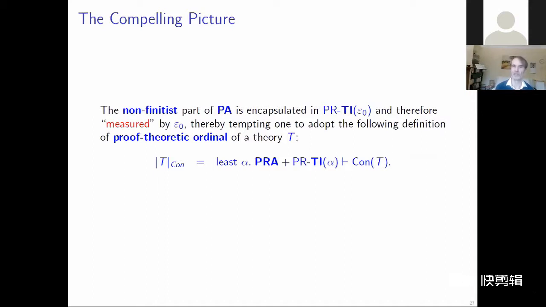You work basically in a finitistic theory, let's say like PRA, and then you have to figure out how much primitive recursive transfinite induction you need to show the consistency of a theory T. And so the idea is that the ordinal that you need to do this measures the strength of the theory. So this is very roughly the idea of the proof-theoretic ordinal of a theory T.